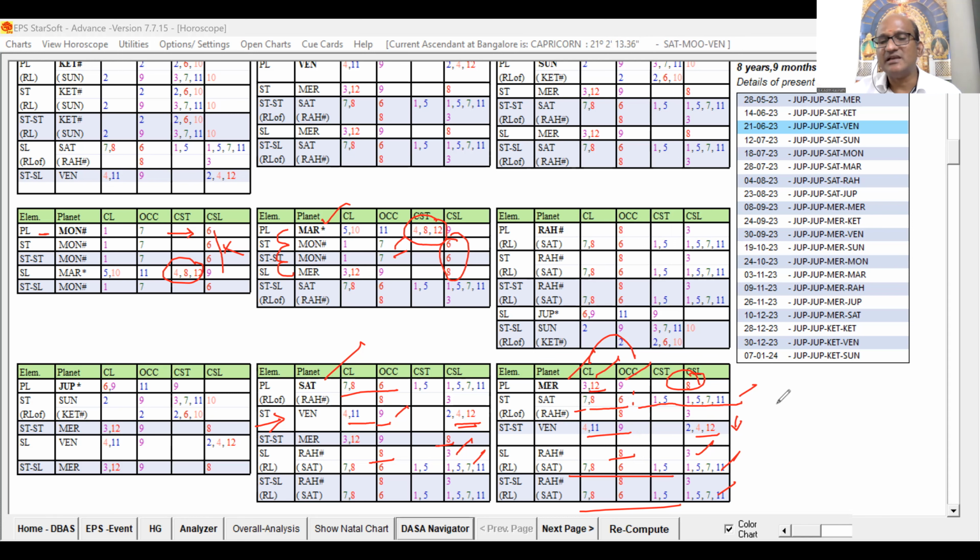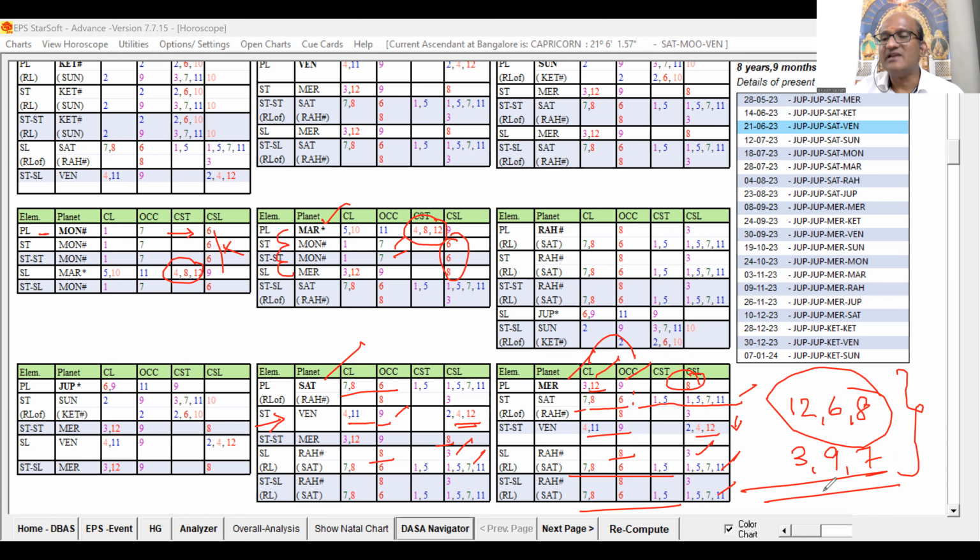We will see that Mercury planet is 12th house, signifying 6th house, 8th house, and unfavorable side, and also favorable 3, 9, 7, and these houses. So we will not be able to decide whether this planet is favorable or not. But honestly speaking, Mercury star level, sub level are, though it is having some weakness, it is having favorable significations.